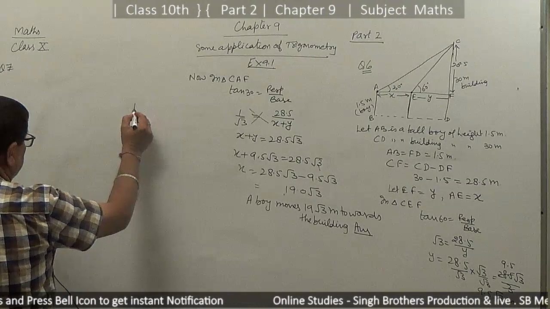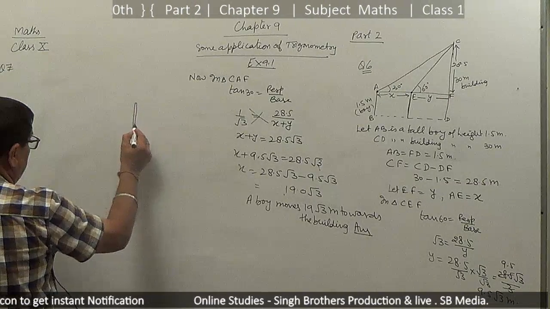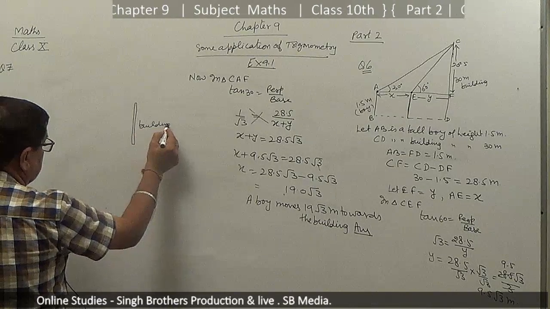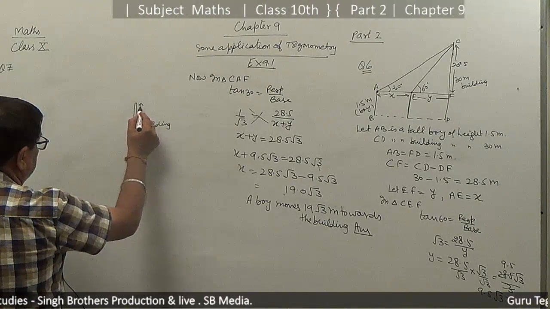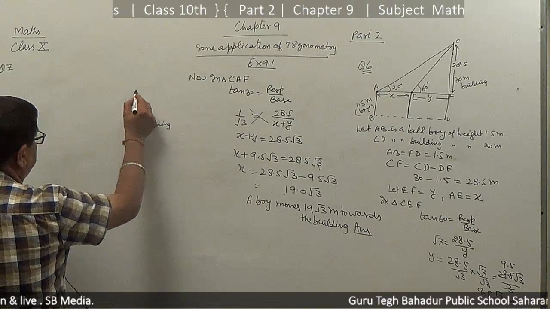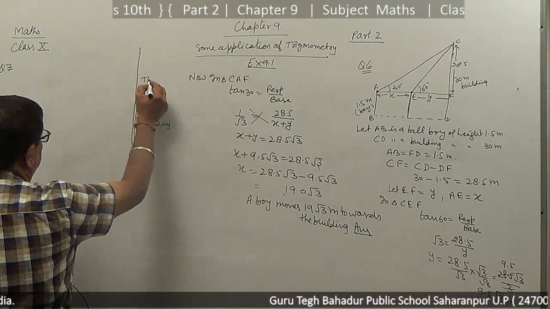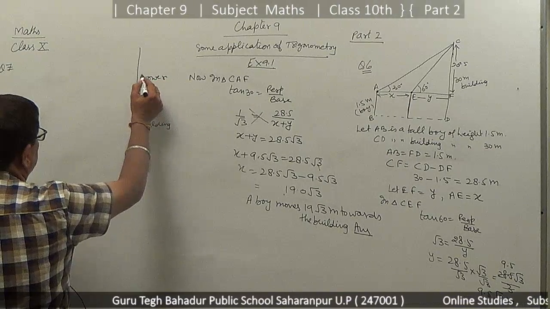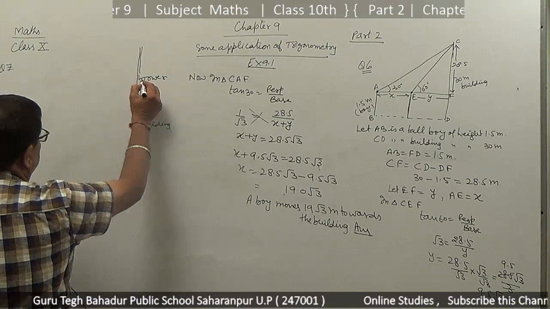Question number 7. This is a building of height 20 meter. This is the tower of height h.